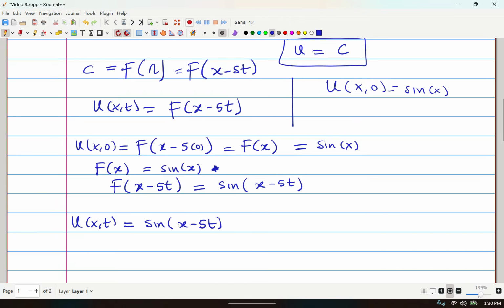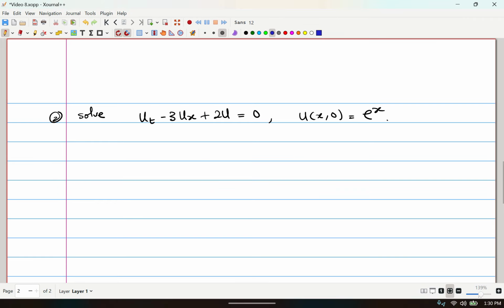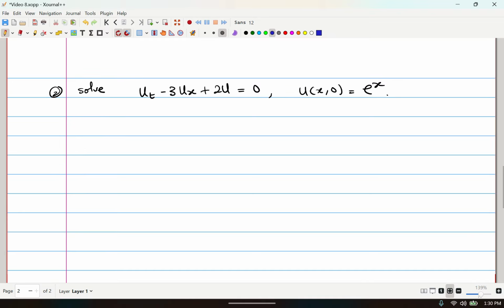Now we move on to the next problem, which says solve u_t minus 3u_x plus 2u equals 0, with this as our initial condition. Again, the same process: compare to the general form, and you have dt/ds equal to 1, dx/ds equal to -3, and du/ds equal to -2u.